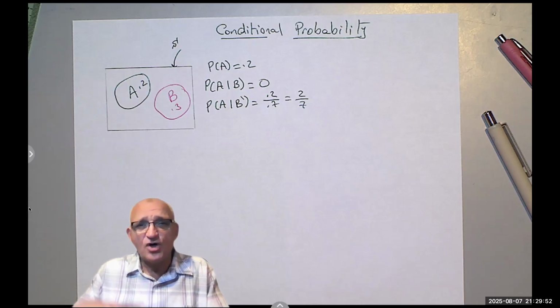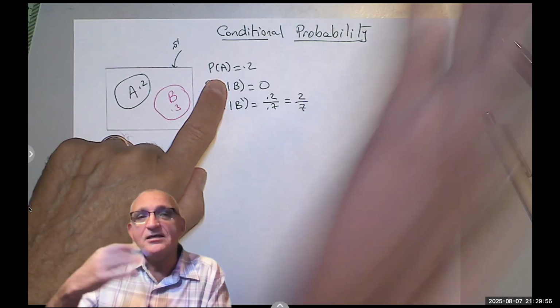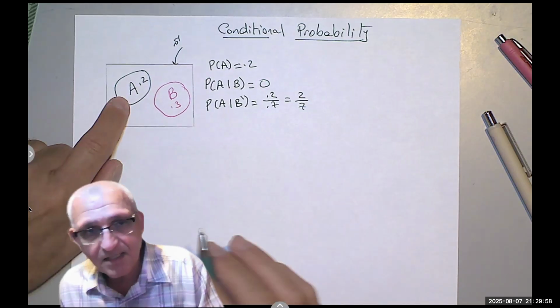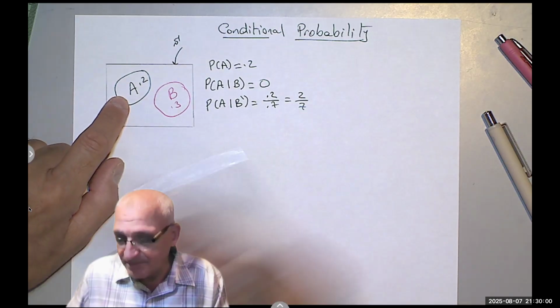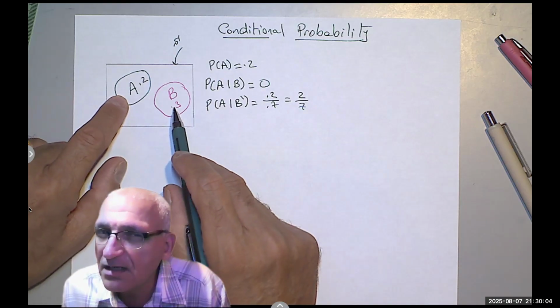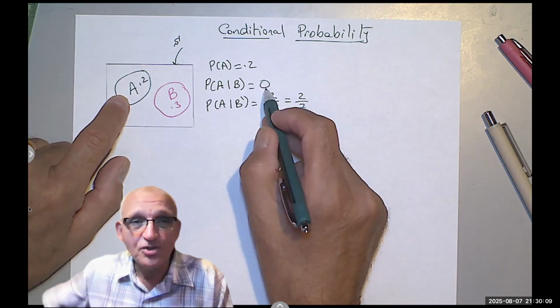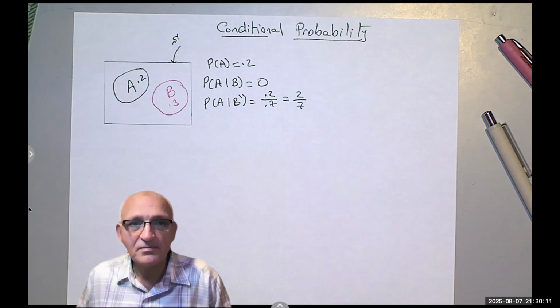So roughly it's almost 30%. While your prior probability of A was 20%, if somebody told you B occurred, and you know that A and B are mutually exclusive, then A now drops to zero.